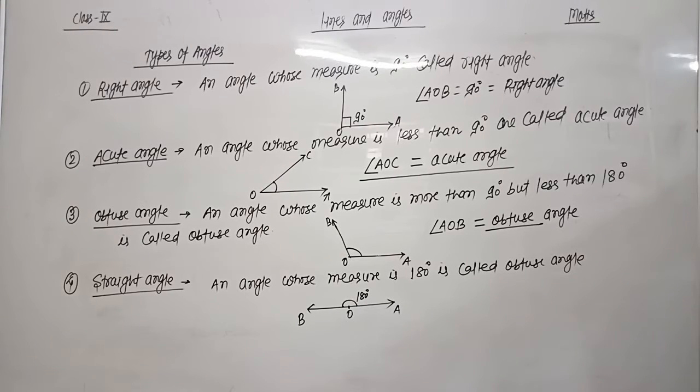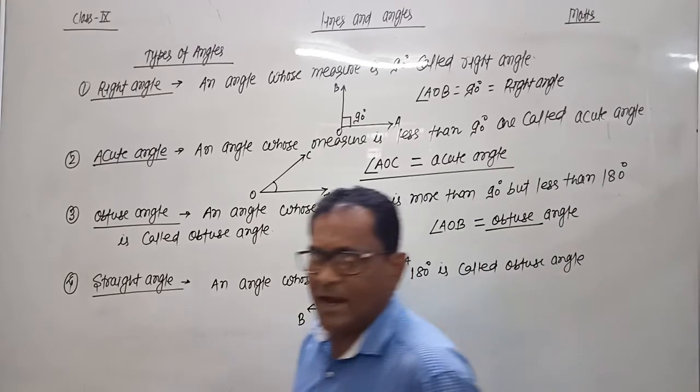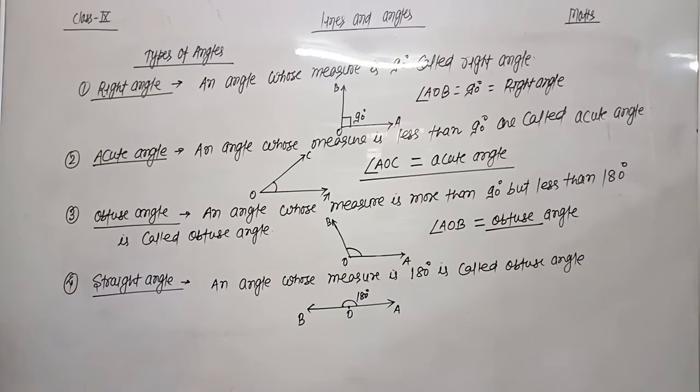And fourth is the straight angle, whose measure is exactly 180 degrees, formed by two directly opposite rays.